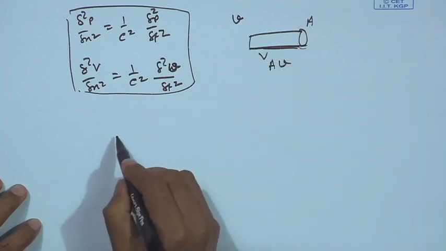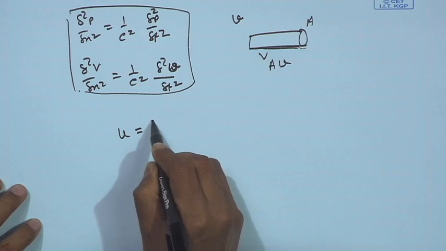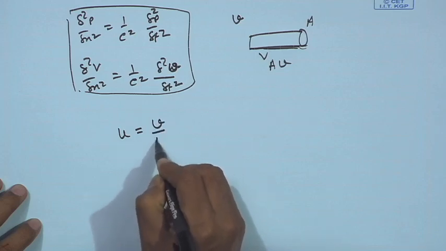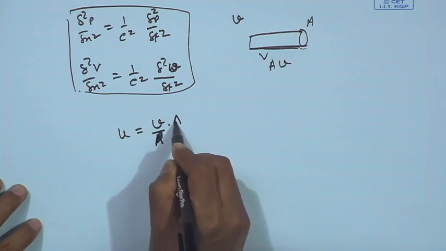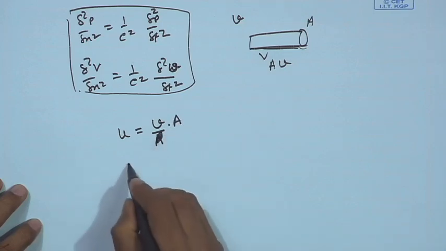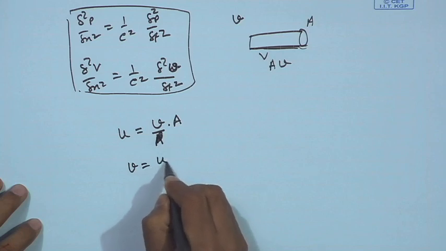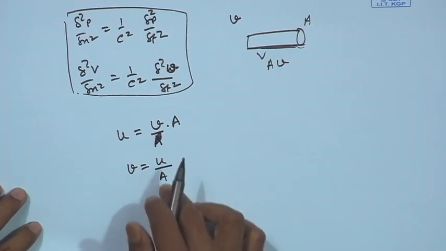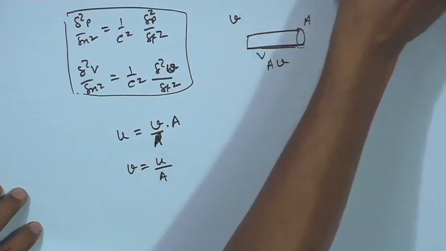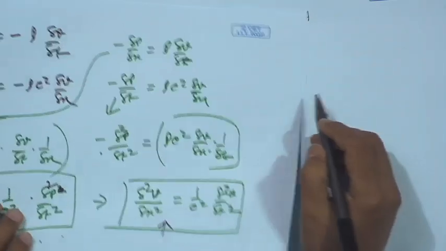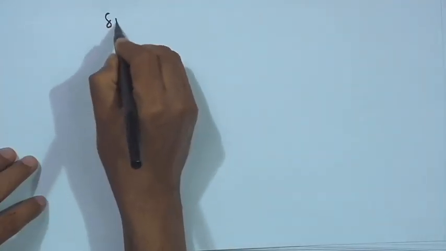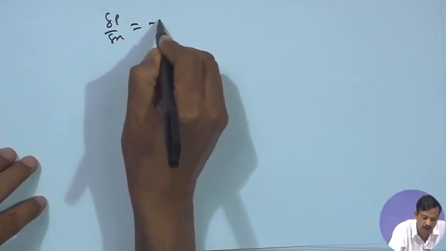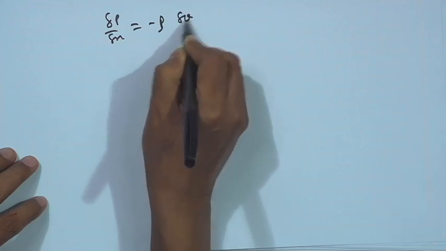So, if I say volume velocity is U, then U is equal to v into A, or I can say v is equal to U by A. Now, if I put this into these two equations, del p by del x is equal to minus rho del v by del t.